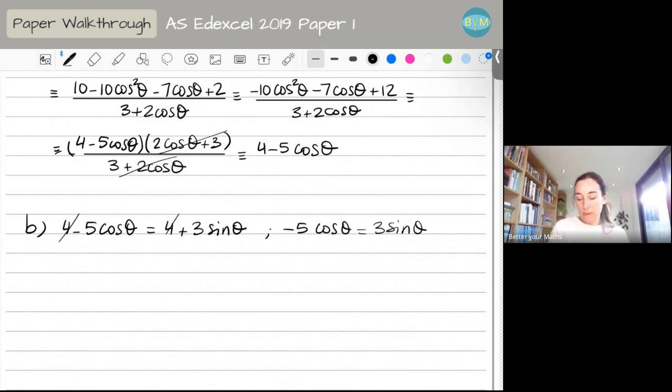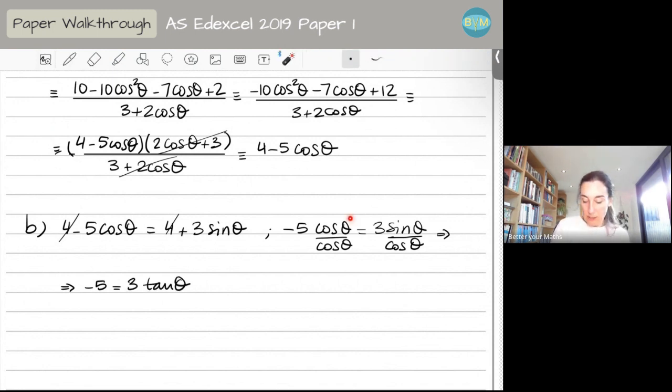And I know that all of you are seeing that I have to divide by cos. So I have tan. So I have minus 5 equal 3 tan theta. Yeah, so these two are gone, and sine divided by cos is tan, which means tan theta is minus 5/3.